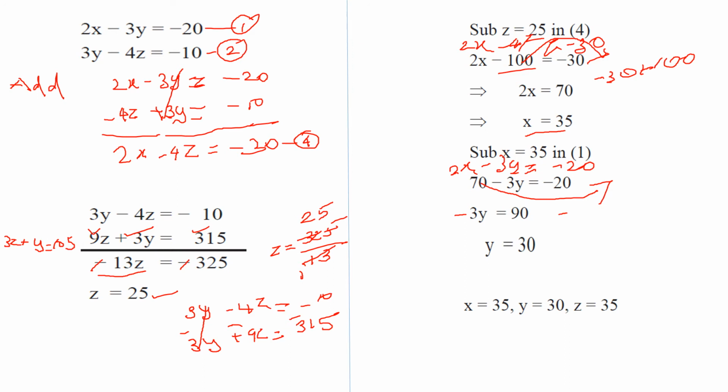So minus 20 minus 70, add, 90, same sign, minus 90. So 3y equal to 90, minus minus cancel. So y equal to 90 by 3, so y is 30. Therefore x equal to 35, y equal to 30 and z equal to 25 is the answer.